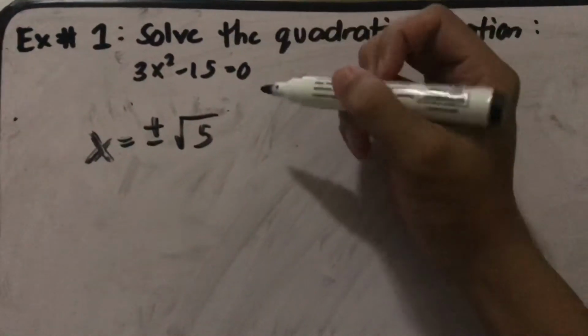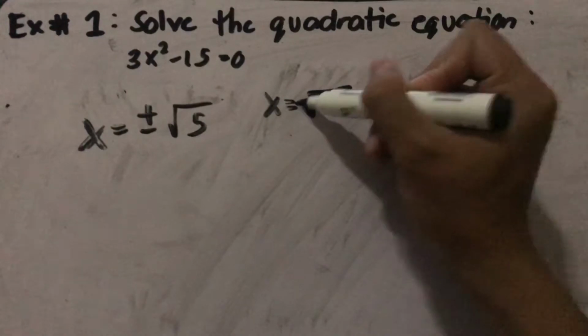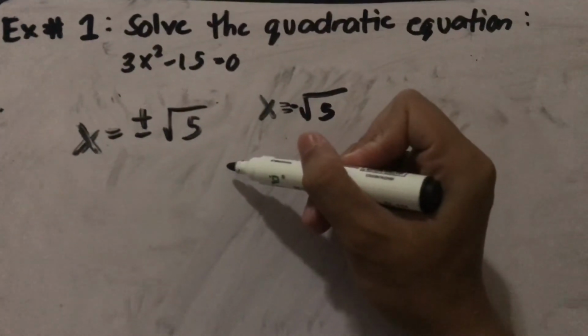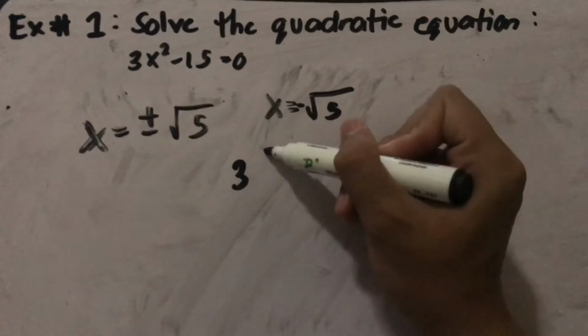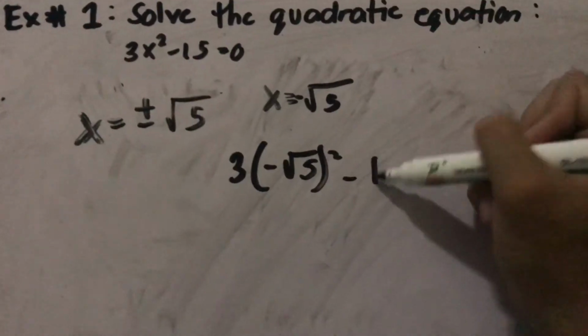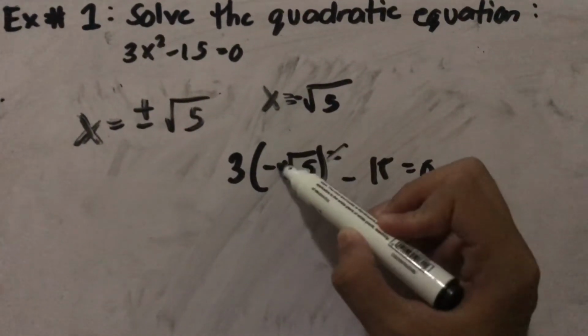So sa isa naman tayo, x is equal to negative square root of 5. So let's proceed. 3 times negative square root of 5 squared minus 15 is equal to 0. So cancel na tong square root.